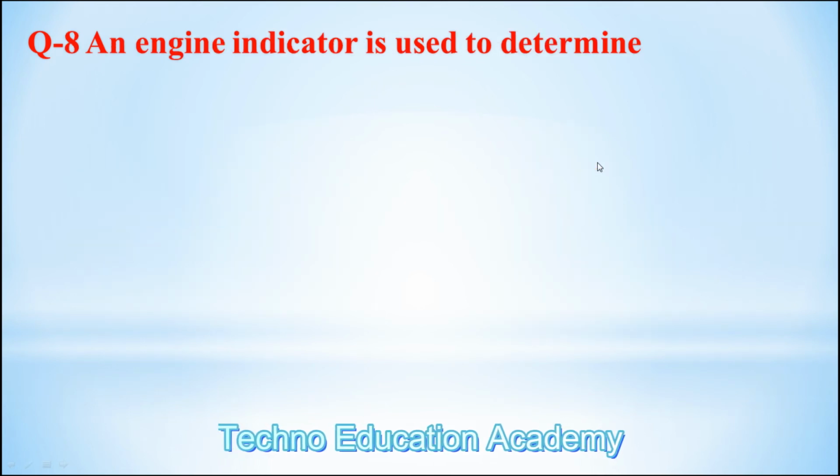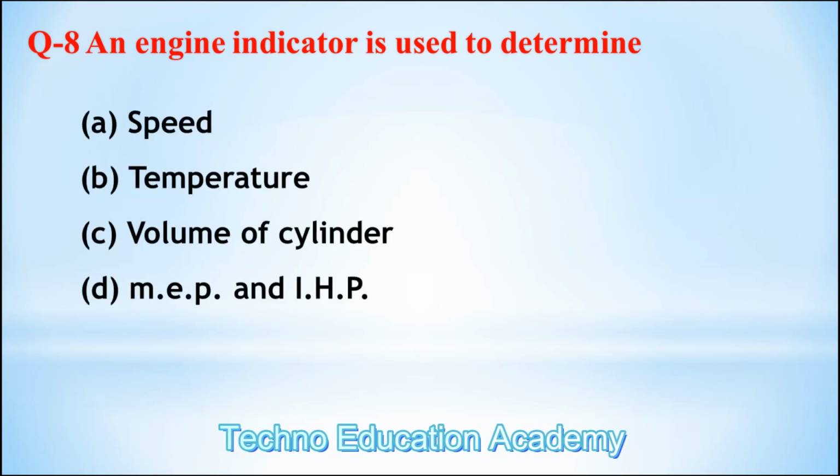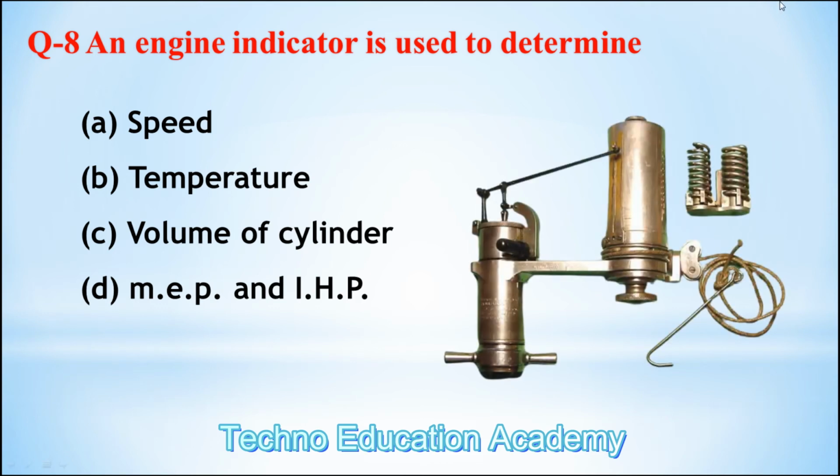Question number 8. An engine indicator is used to determine: option A, speed; option B, temperature; option C, volume of the cylinder; option D, mean effective pressure and indicated horsepower. This is a mechanical indicator, and it is used to measure the indicated horsepower as well as mean effective pressure.